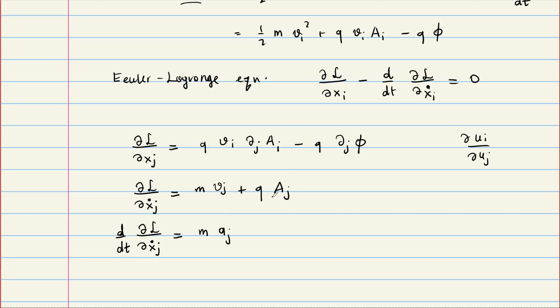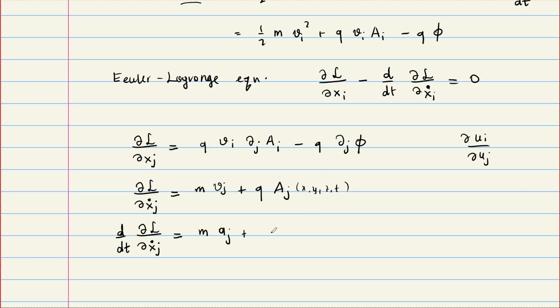But now here, this thing aj depends on x, y, z, and t. And I'm going to take derivative with respect to this thing. I need to use chain rule for this.